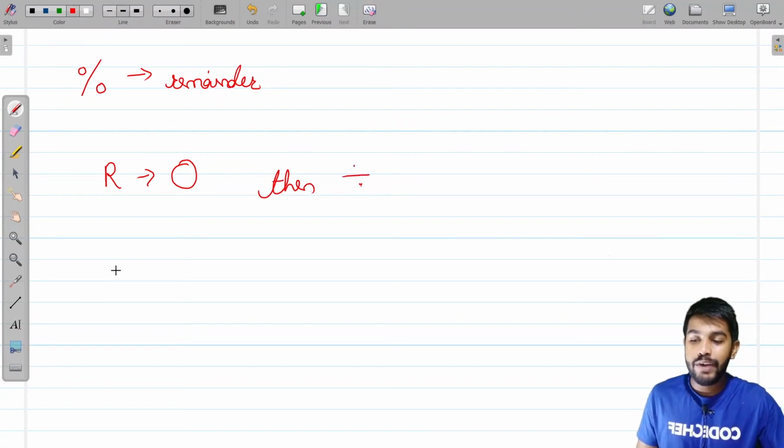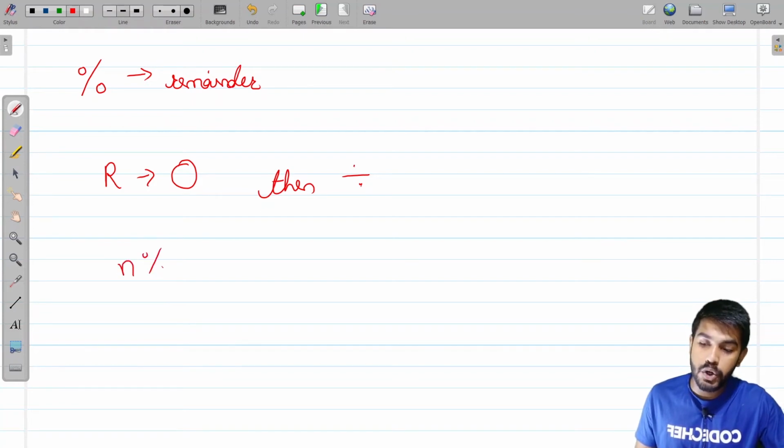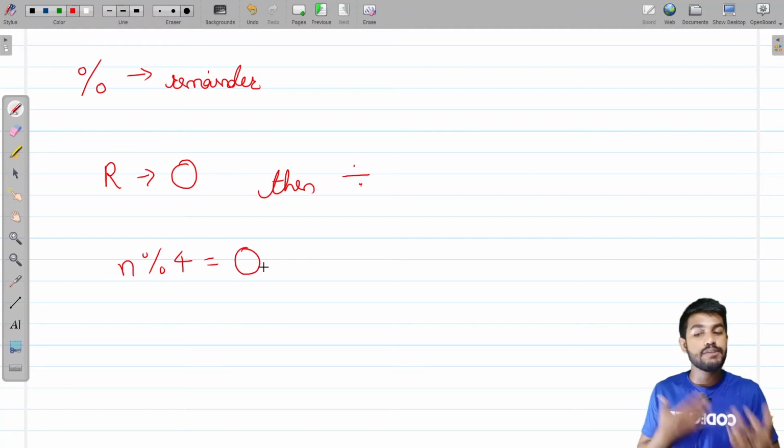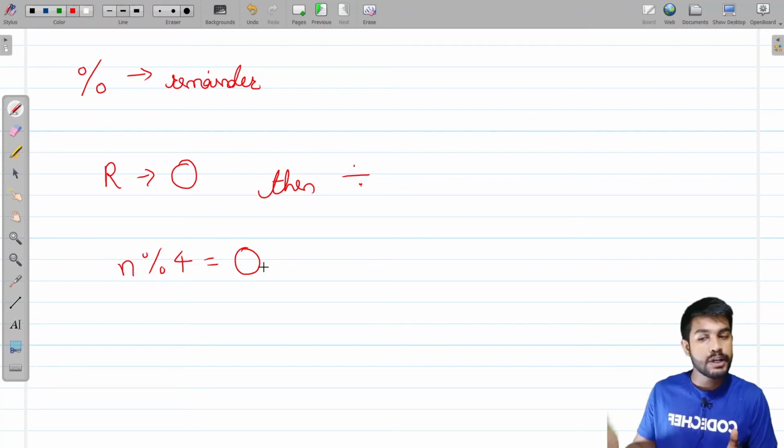So what we can do is check the number modulo 4, and if that value is equal to 0, then we know that it is divisible by 4. If it is not that case, then it is not divisible and we would be decrementing its value. Okay, now let's move to the coding arena and implement this so that you would have a proper idea.